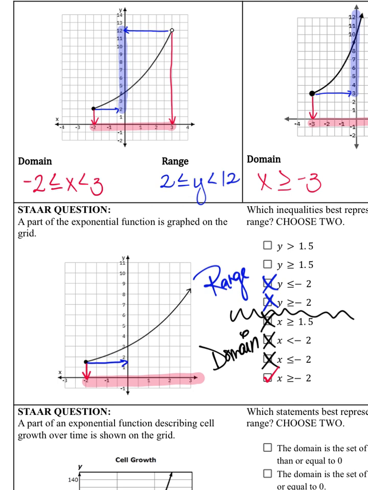We also know that the arrow is going in the up direction, which means it is getting bigger. Since both of these have greater than, we have to look at our endpoint. This one is closed, so I should have the line underneath it, which means that this one is incorrect and this one is correct.